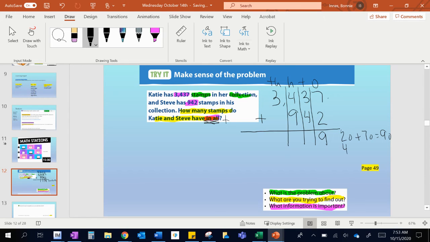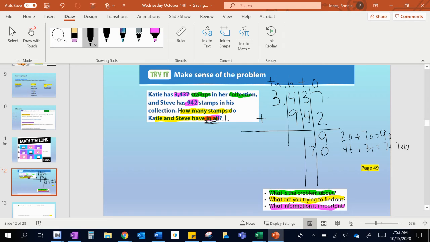There are 4 tens plus 3 tens. Now there's 4 tens, which is 40, and 3 tens, which is 30. So that together equals 7 tens, which is 7 times 10. So I'm going to write down here, I'm going to extend my lines. I'm going to write 70.